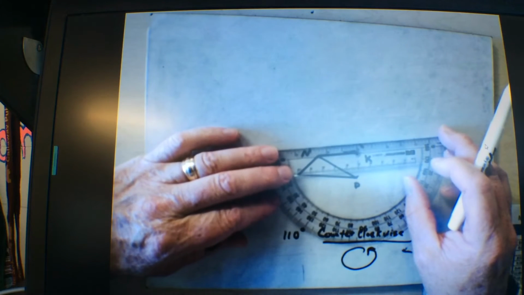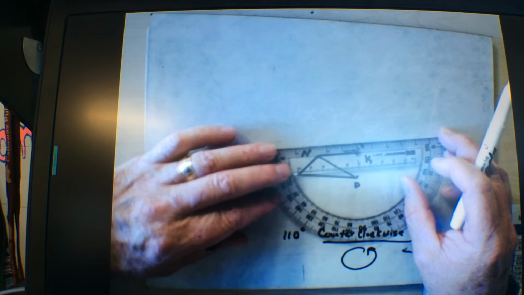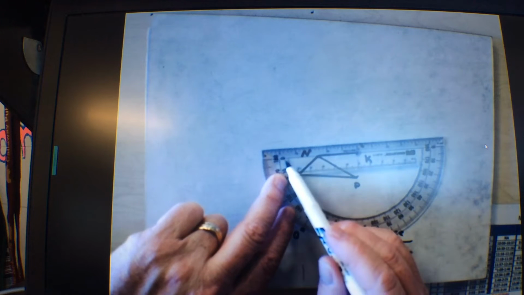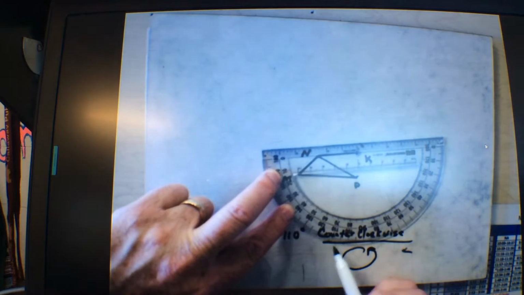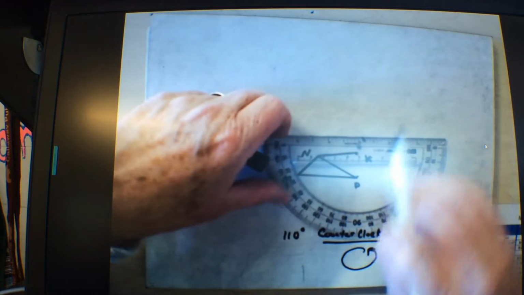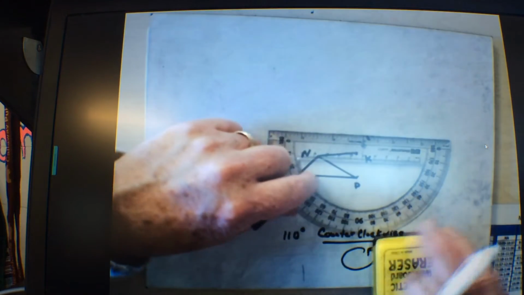I put my protractor on here, and I go along that line, and I go 110 degrees, which I'll write down here. I'm going to erase my words.